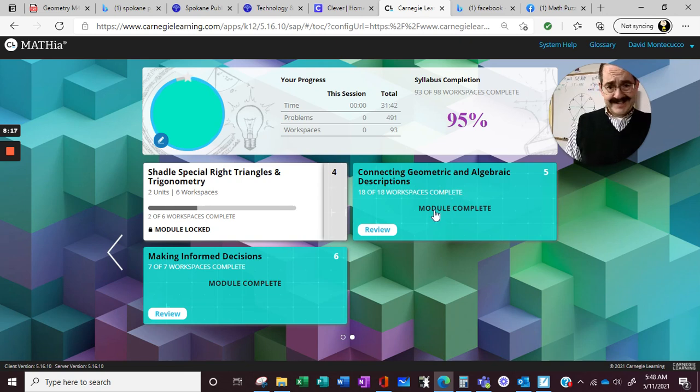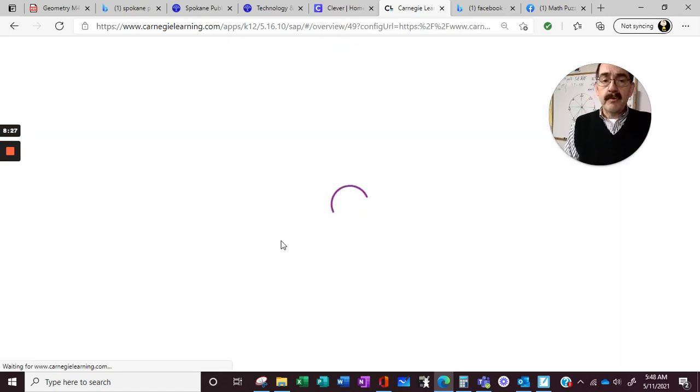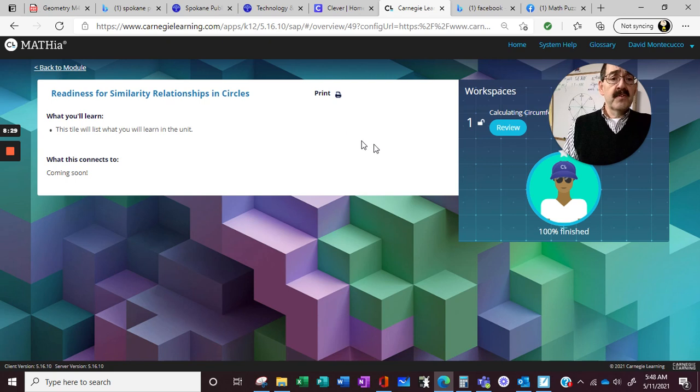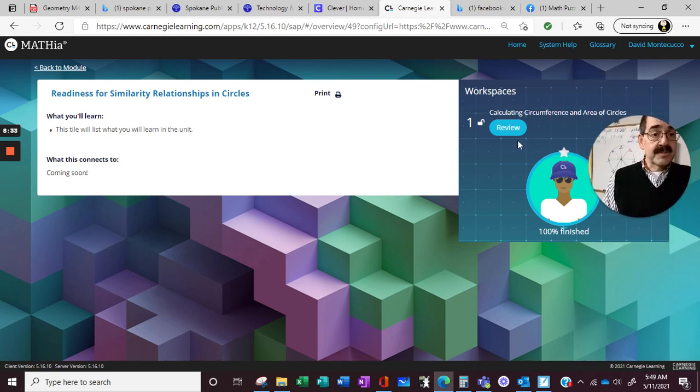We apologize if they don't number them the same. That's irritating. But we're on geometric and algebraic descriptions. This is where everybody's at. And I've done this one, so I'm just going to hit review. And let's see what the very first problem is: calculate circumference and area of a circle.